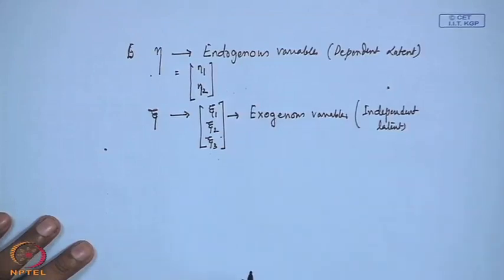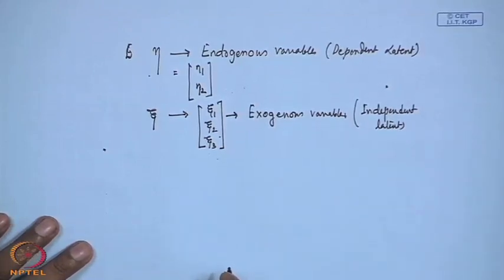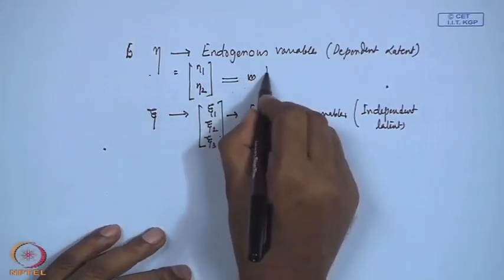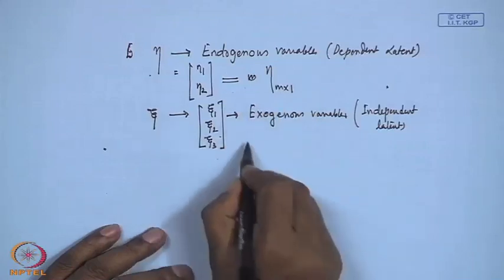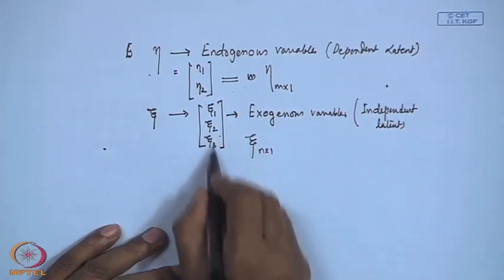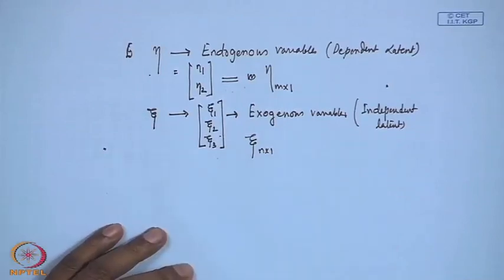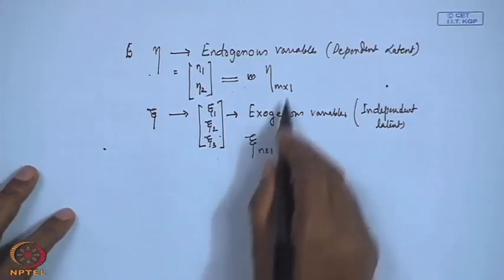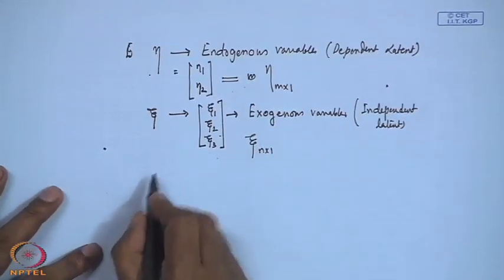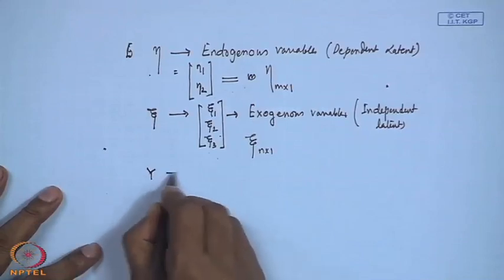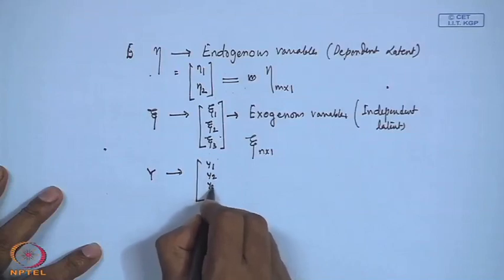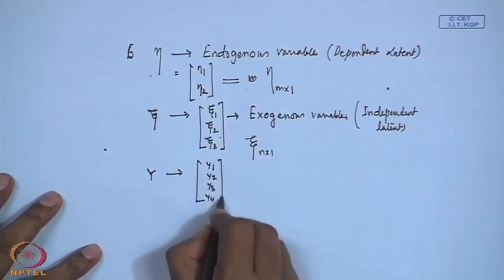Okay. So, in general there may be m eta, that means eta can be m cross 1, xi can be n cross 1, that means n things will be there, or instead of m and n you can use something else also. Then we have y, which in our case, in this example, is y1, y2, y3 and y4.